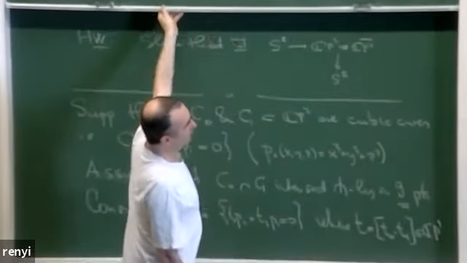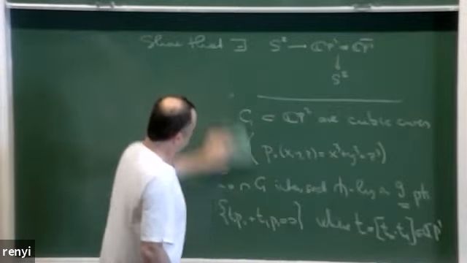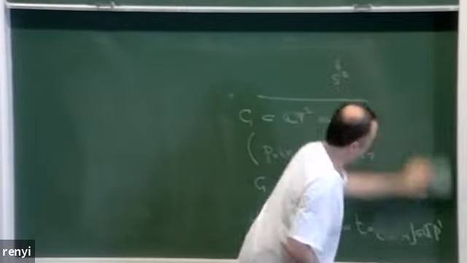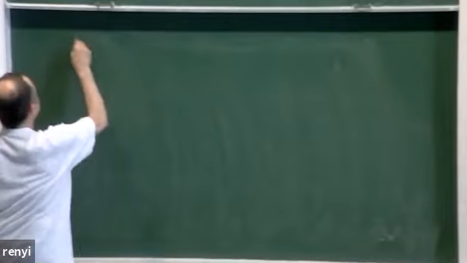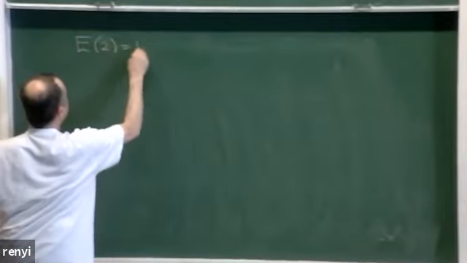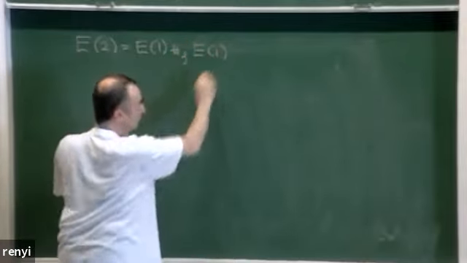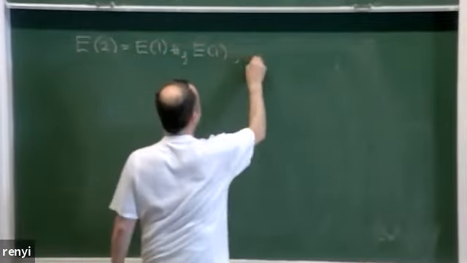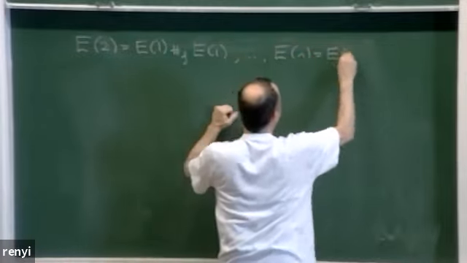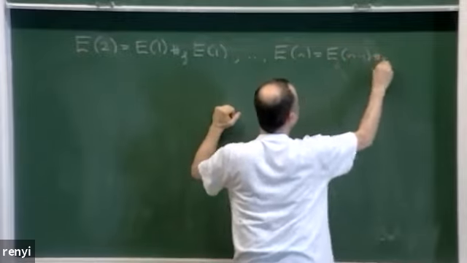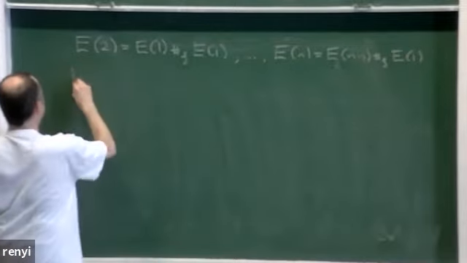So, of course, we have only one such example so far, but if we have one, we can already construct infinitely many. So we only have this E1. So let's take E2 to be E1 fiber sum E1, and then continue this procedure and define En as the fiber sum of En minus 1 with E1. So here is our homework assignment.